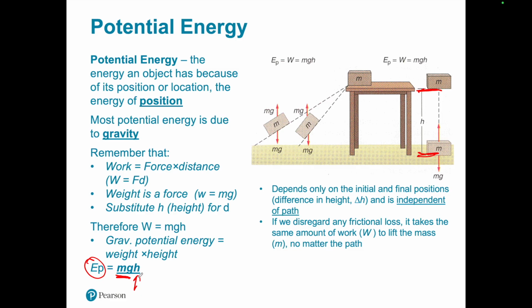So the thing to remember about potential energy is that it's all based on the vertical position. Gravity stays the same. So you can say that potential energy, or EP, equals the mass times gravity, so my mass, for example, times gravity, and then the height, and that's the amount of potential energy you have.